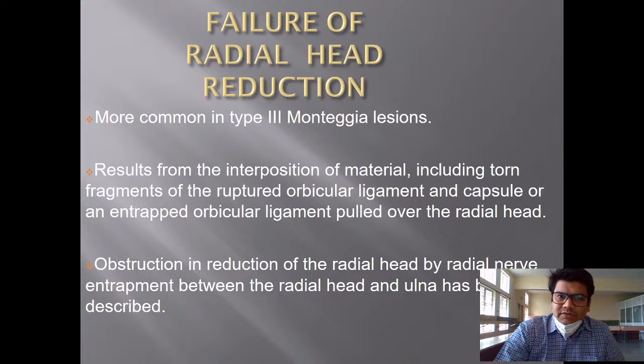Failure of reduction of the radial head is more common in type 3 Monteggia because of interposition of soft tissue: a ruptured annular ligament and capsule, with the entrapped annular ligament pulled over the radial head.